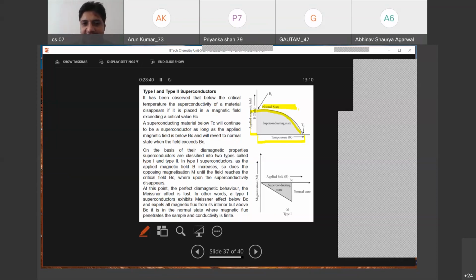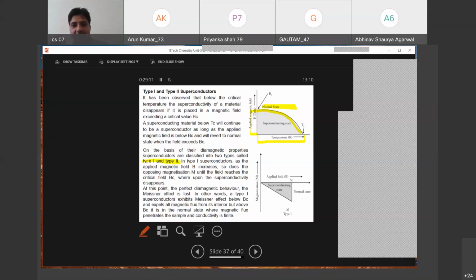Based on this type of behavior, as I told you earlier, superconductors are diamagnetic in nature, they repel the magnetic field. Based on that factor, we can classify superconductors into two types: type 1 and type 2 superconductors.